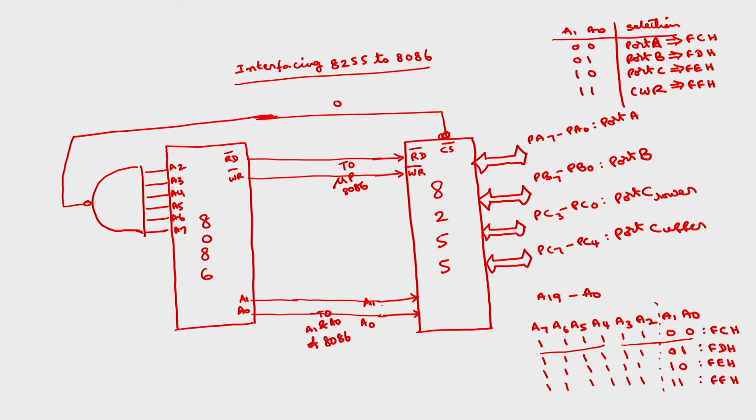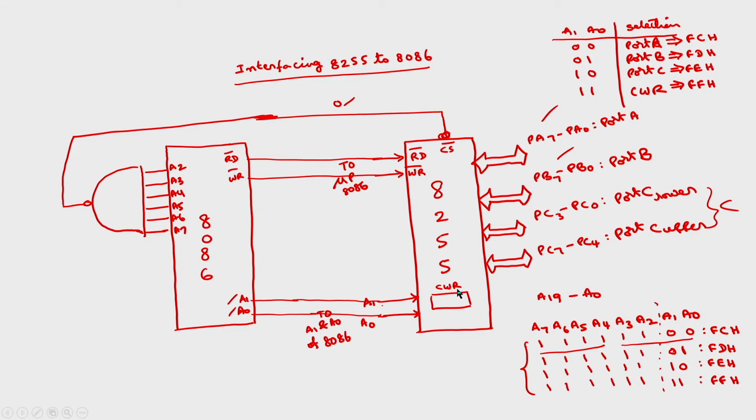So only for these particular 4 combinations does the output of the NAND gate become 0, thereby this chip will be selected. After selecting this chip, A1 and A0 decide within this 8255 whether we select port A, port B, port C, or the control register.